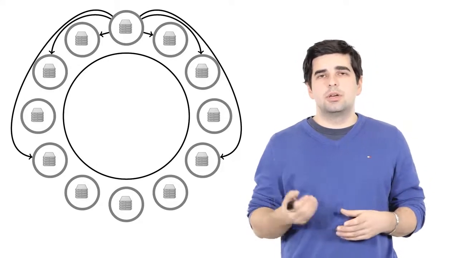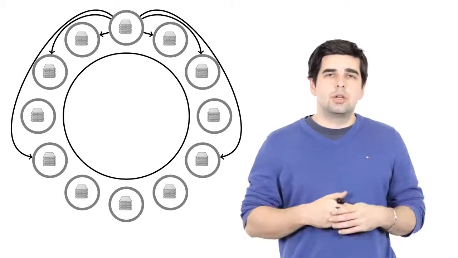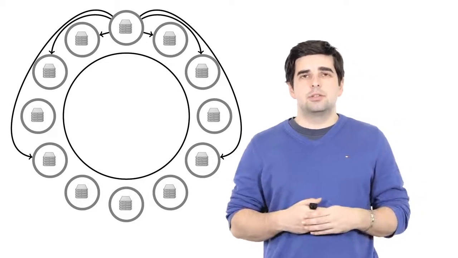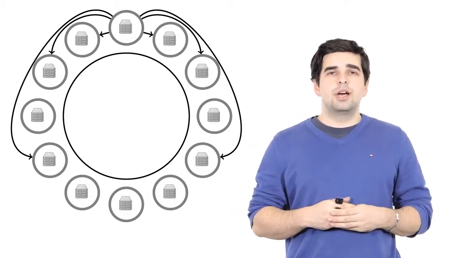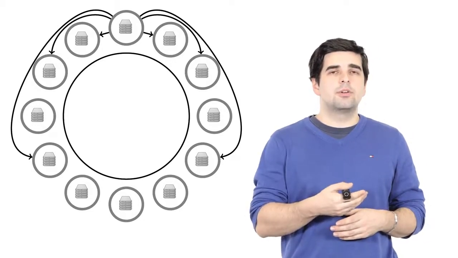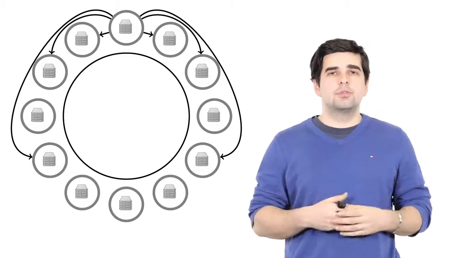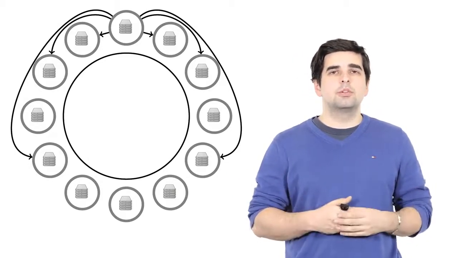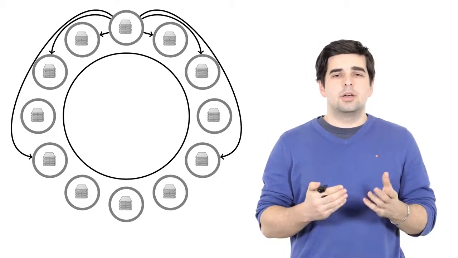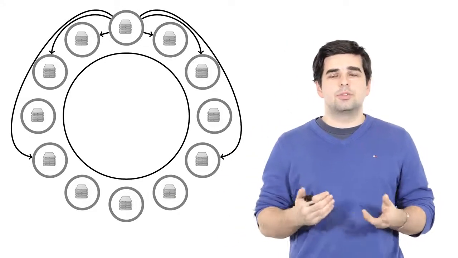If the computer at distance 16 is closer, we will jump at least 16. If the computer at distance 32 is farther, then we will jump just by 16. In this way, we will always jump by at least a half of the distance which divides us from the computer that stores the key itself. And so in a logarithmic number of steps, we will actually come from the current computer to the computer that actually stores our key. And this network of nodes which know some of their neighbors is called overlay network.